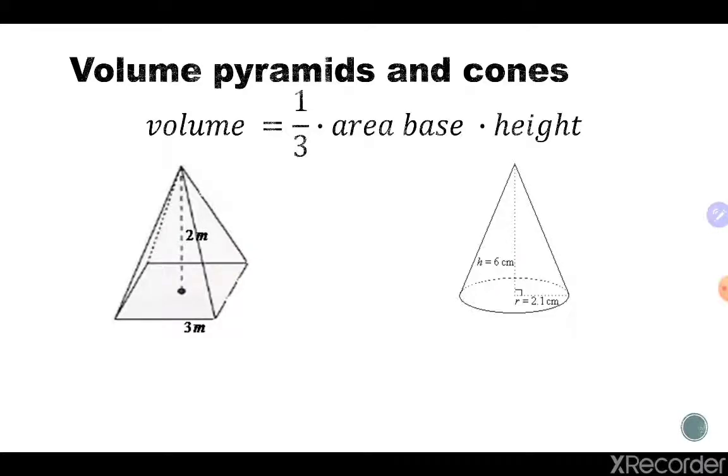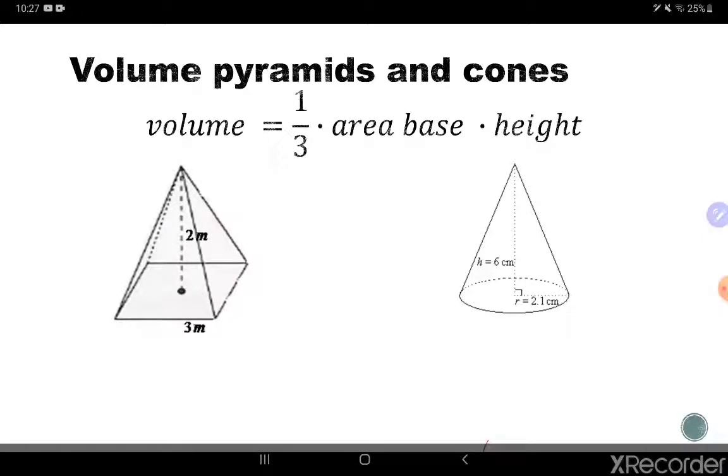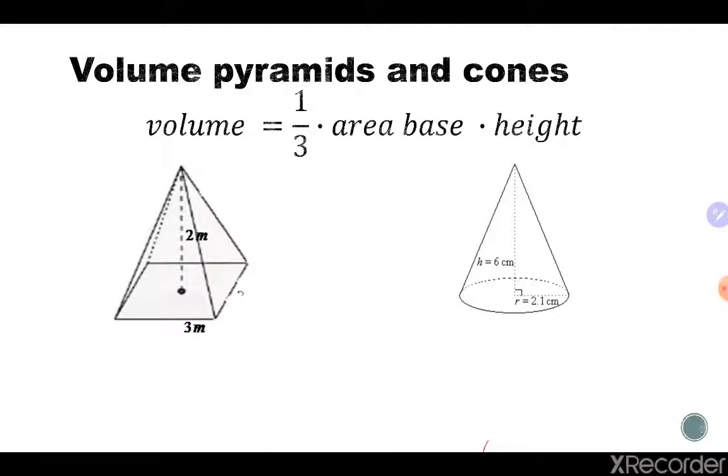Now, on the left side again, the pyramid, it has a square as a base, so each length is 3 meters. So this is 3 and that's 3. To calculate the area of my base, it is 3 times 3. So we already have the area of my base.